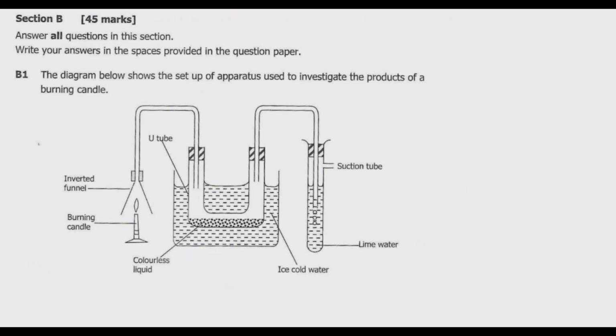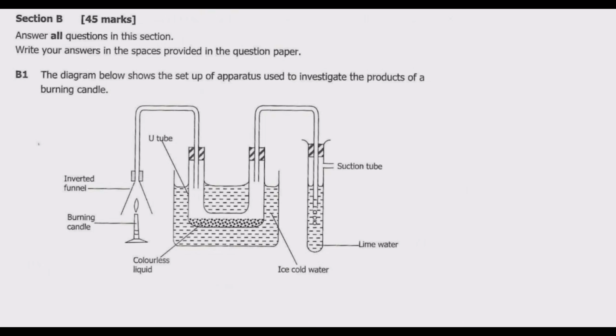So let us look at the first question from section B, where I expect you to answer all the questions, and this section carries 45 marks out of 80. Question B1 reads: the diagram below shows the setup of apparatus used to investigate the products of a burning candle.